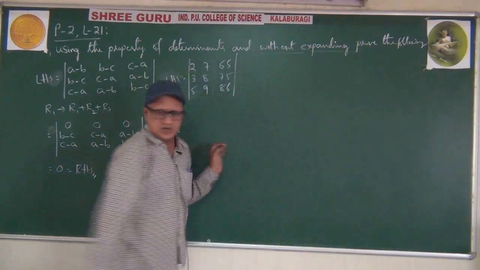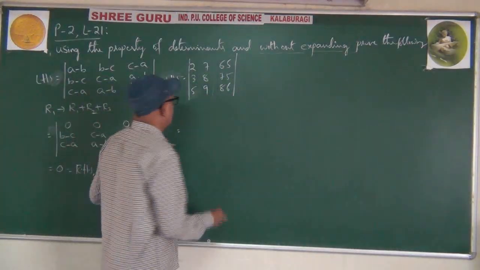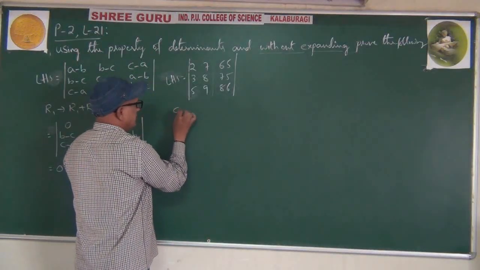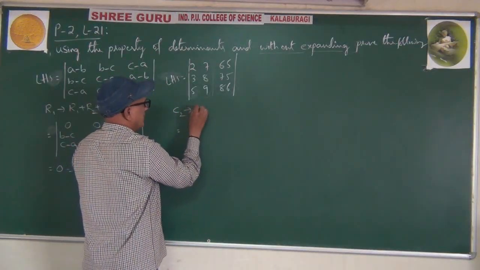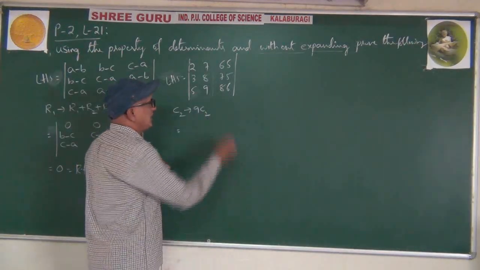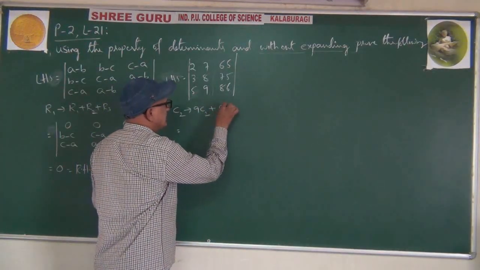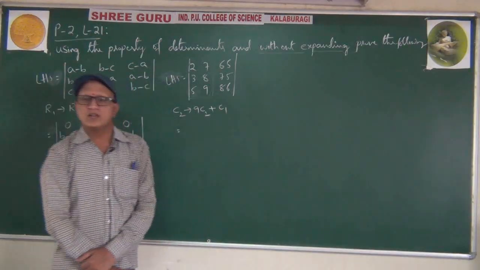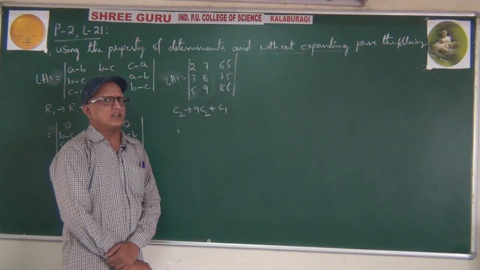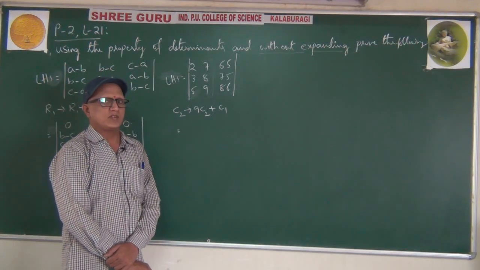So, let us go like this one. First what we have to do? Second column multiply with 9 and add C1. Second column multiply with 9 and add to the first column.